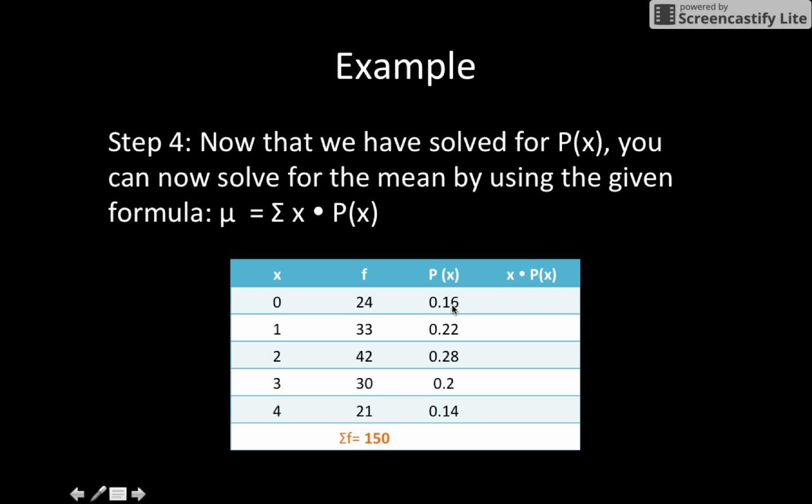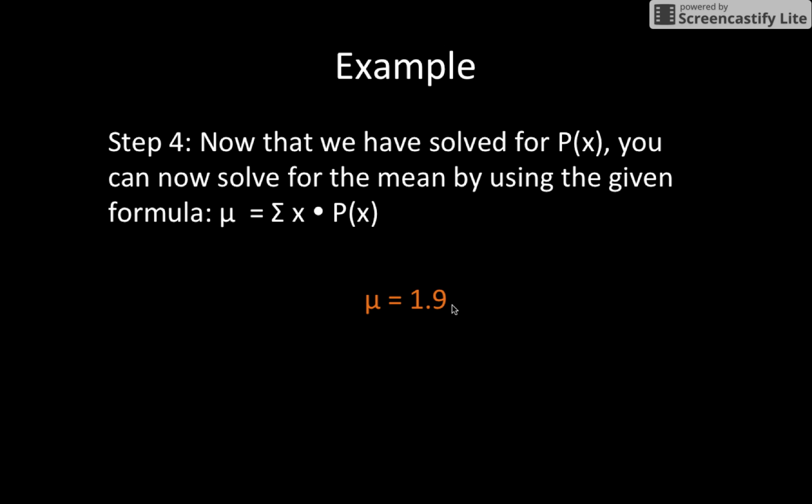So 0 times 0.16 is 0. 1 times 0.22 is 0.22. 2 times 0.28, 0.56. 3 times 0.2, 0.6. 4 times 0.14 is 0.56. So your mean is equal to 1.94. I just rounded that to the nearest tenth to get your mean of 1.9.